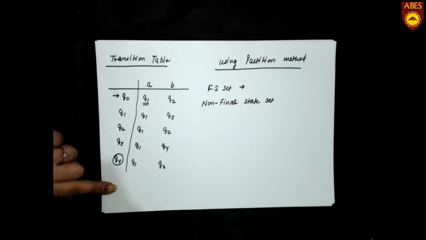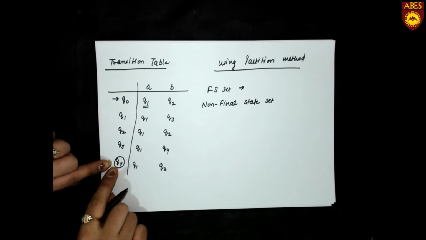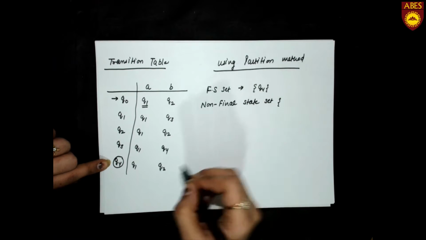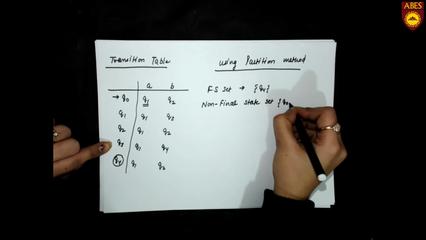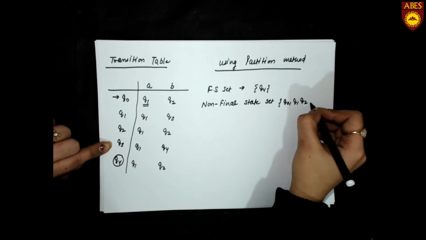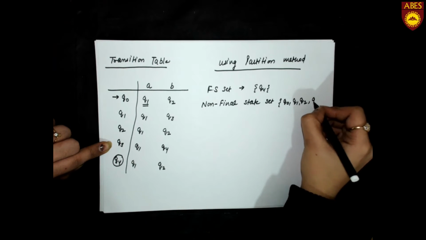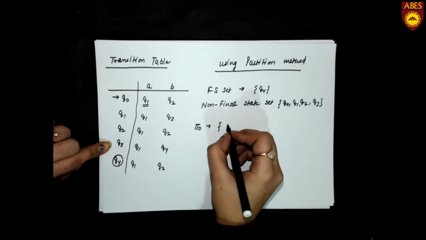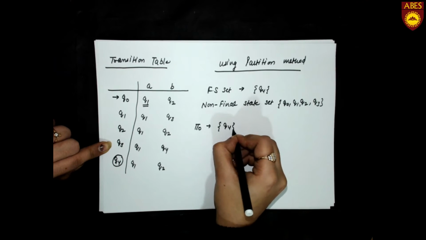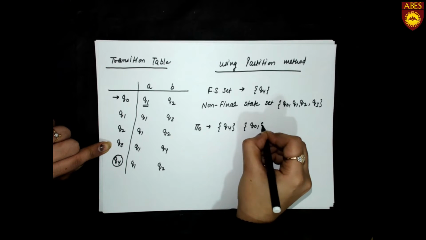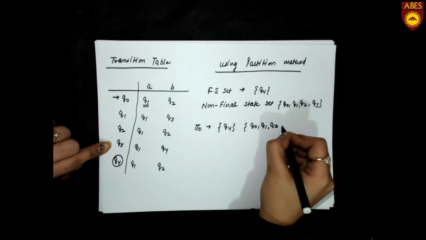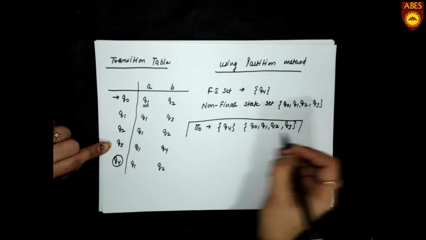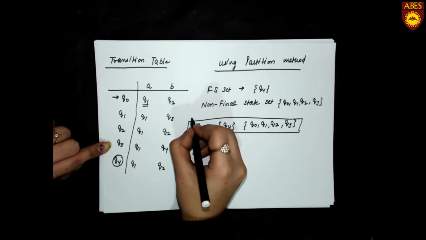Q4 is our final state, so the final state set contains only Q4, and the non-final state set contains Q0, Q1, Q2 and Q3. This is known as pi naught. So pi naught has two sets, Q4 and Q0, Q1, Q2, Q3. This is our step 1.